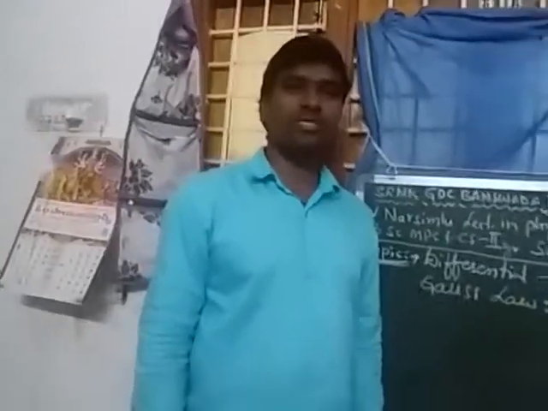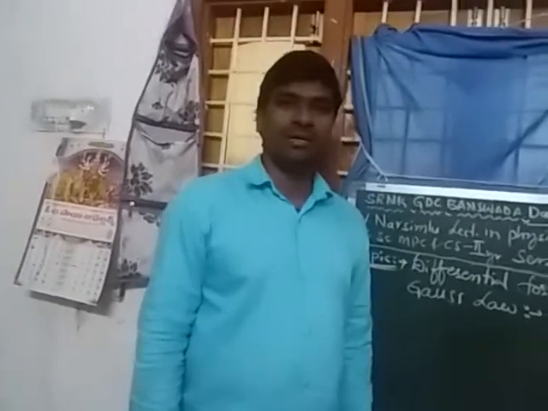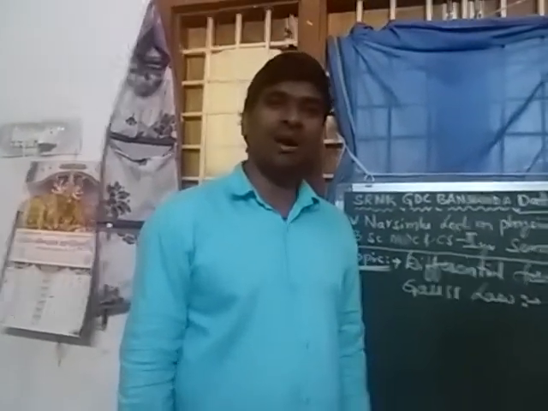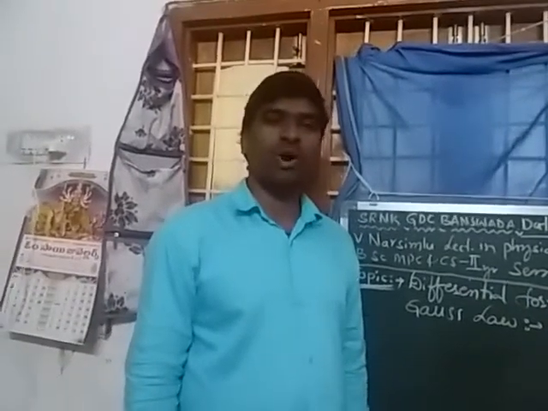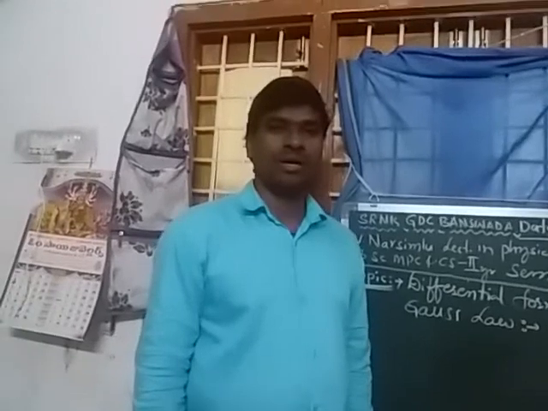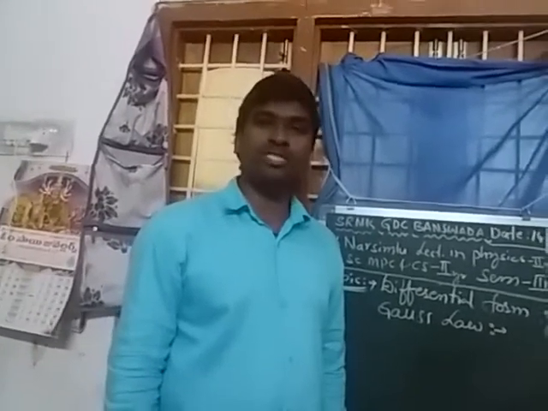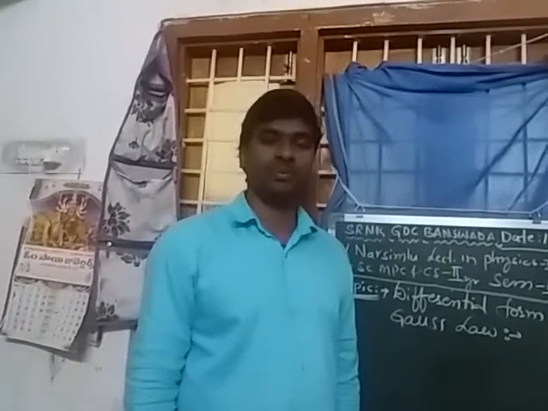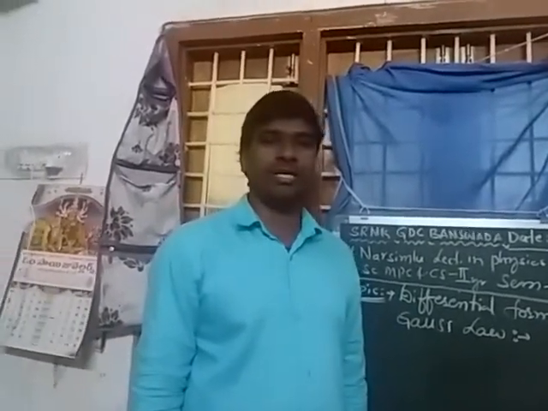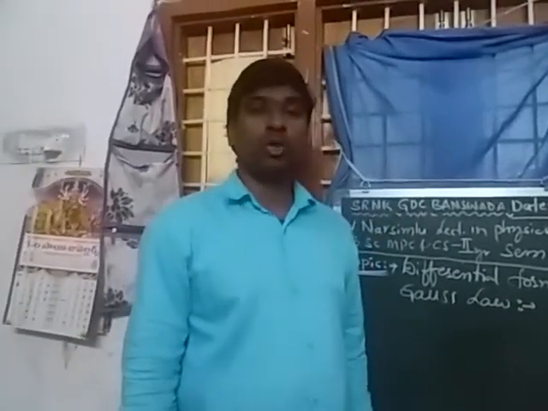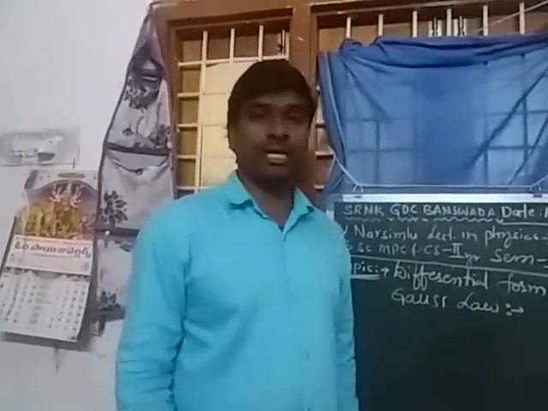Last class, students, we were discussing Gauss law. What is meant by Gauss law? Gauss law can be stated or defined as: the total flux which passes through the unit cross-sectional area of the surface is equal to 1 by epsilon naught times the total charge in an electrical field.